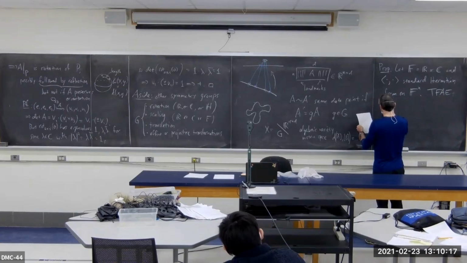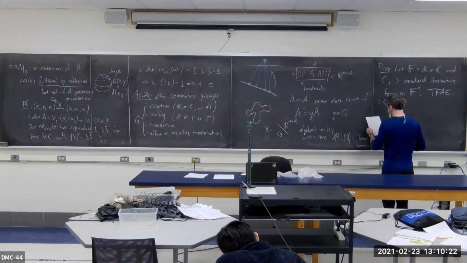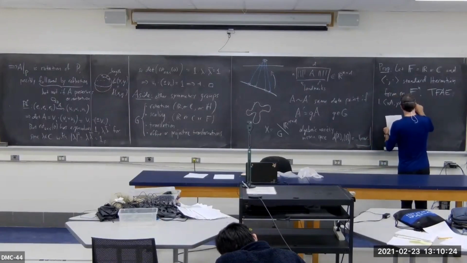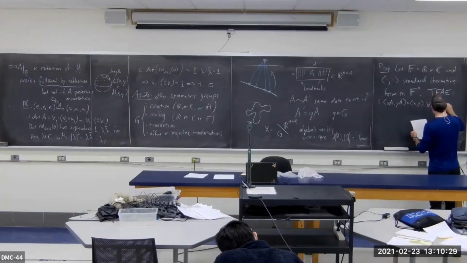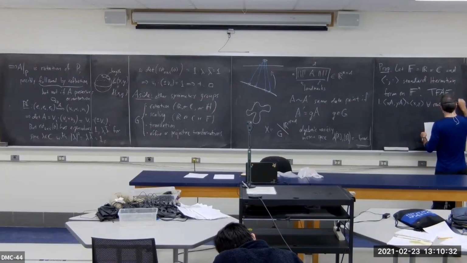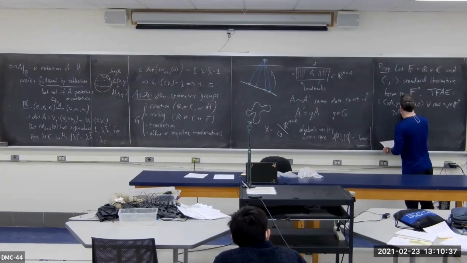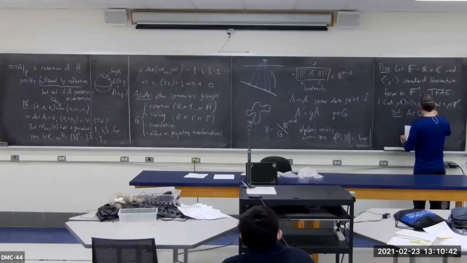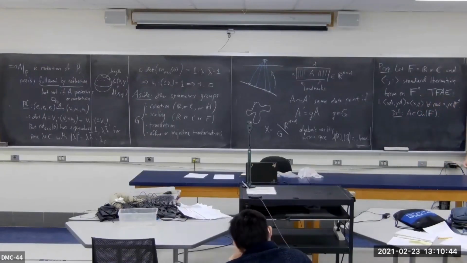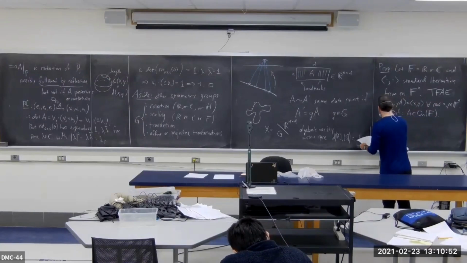1. If I take XA and pair it with YA, then that's going to be equal to XY for all rows X, Y in F to the n. So I'm thinking of them as row vectors. And then the definition here is that A lies in O_n(F). All right, so for reals, we already saw this. The point is you can do this for complexes too. 2.